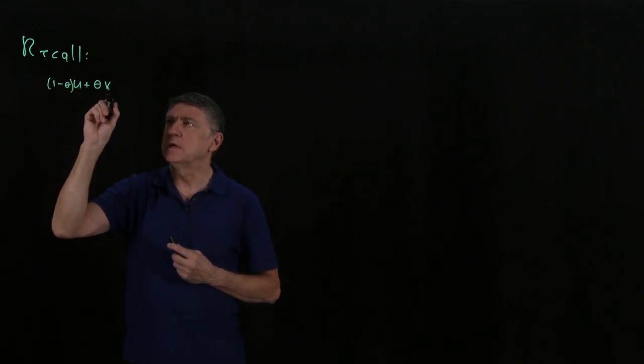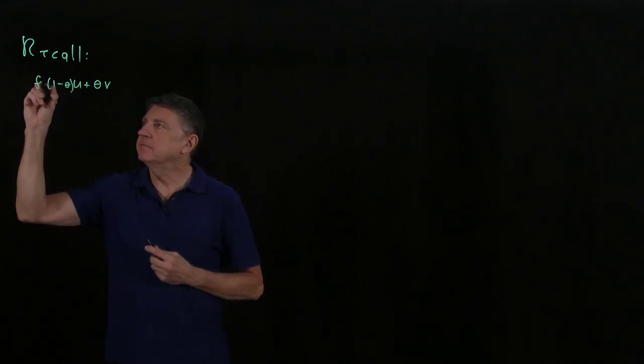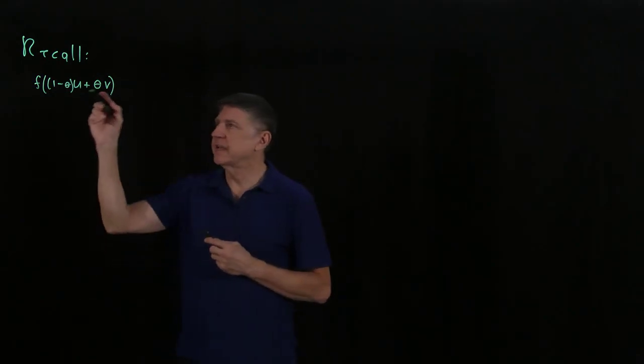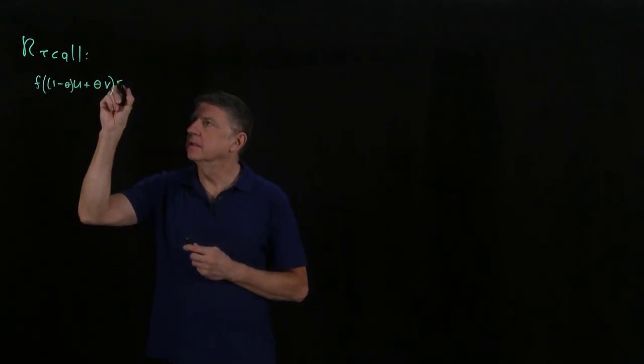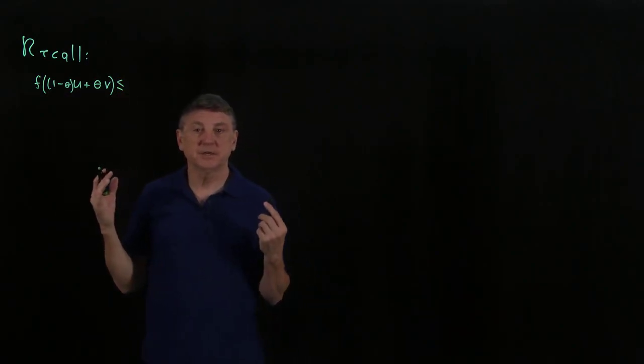When theta equals 1, this will equal v. And if we evaluate the function at that interpolated scalar value, the level of the function is less than or equal to the interpolation of the level.